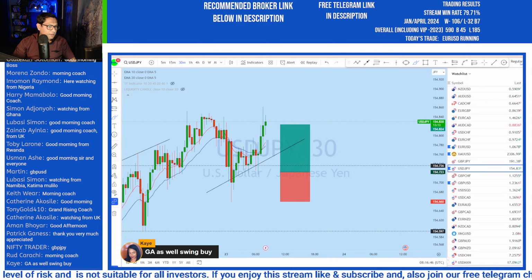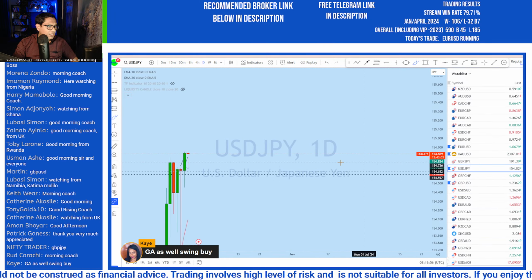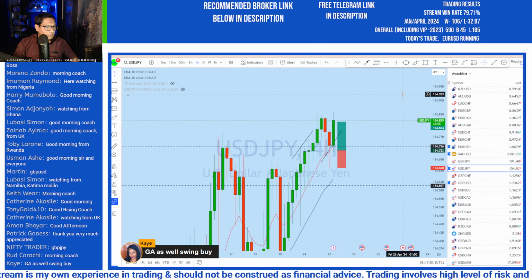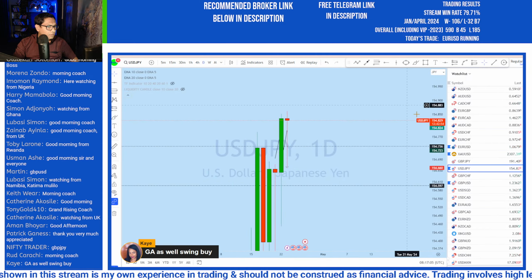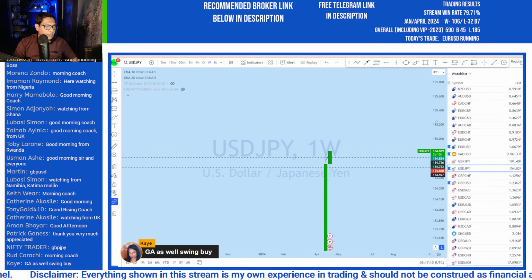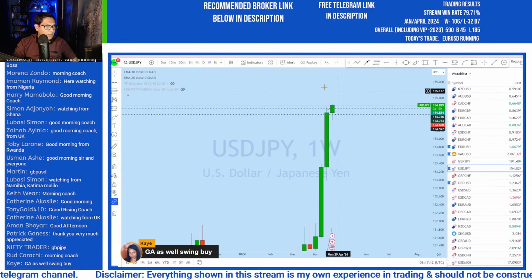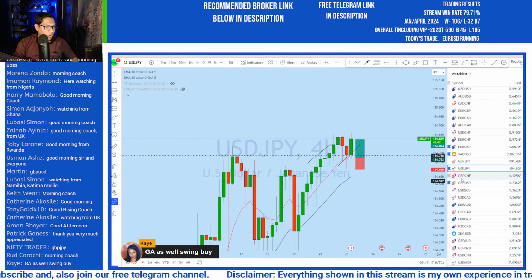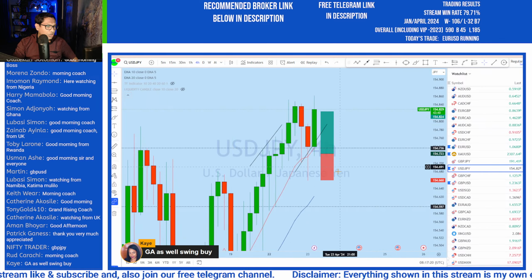Yeah, GBPAUD, yep. Dollar yen is also showing bullish price action. This is the daily chart. Let me see what kind of price action it is forming. Daily, weekly. So dollar yen is strongly bullish. On the monthly, we see that the market on dollar yen is also showing potential bullish price action.